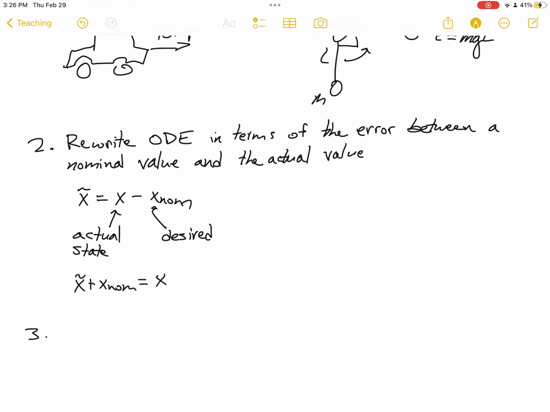The third step is to draw a block diagram to visualize the mathematics.